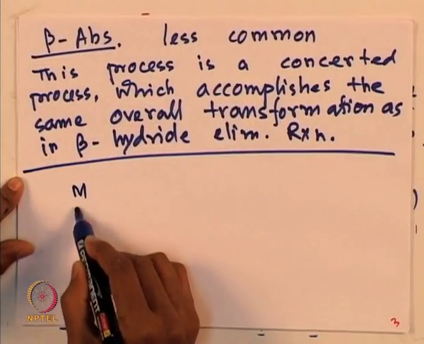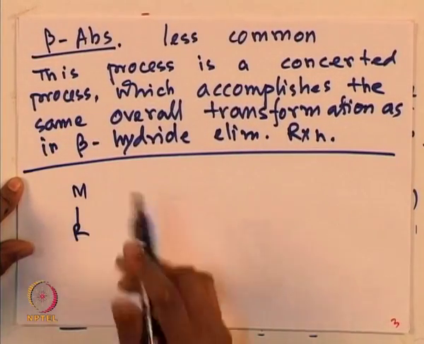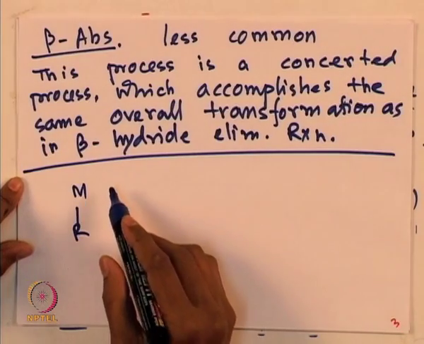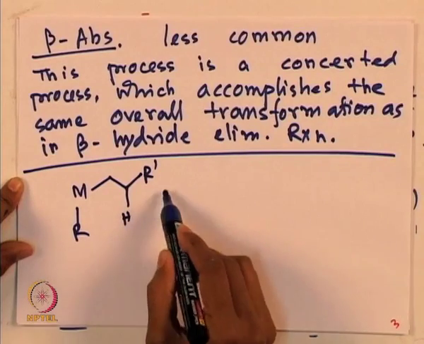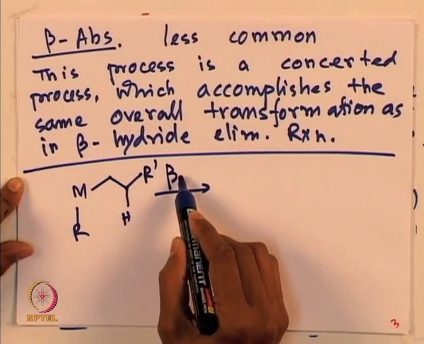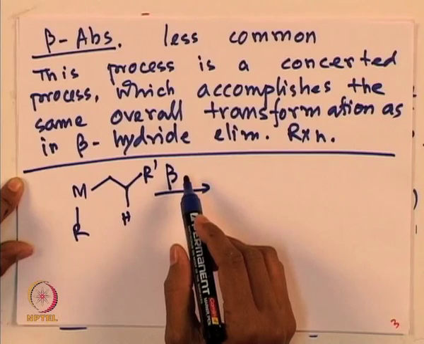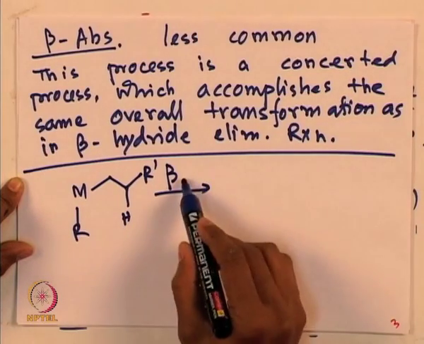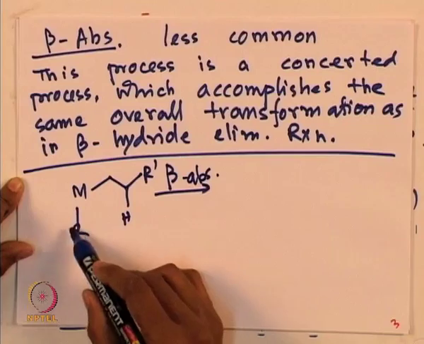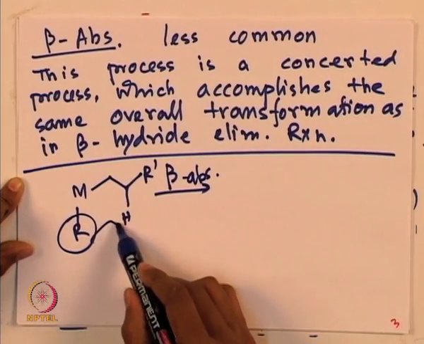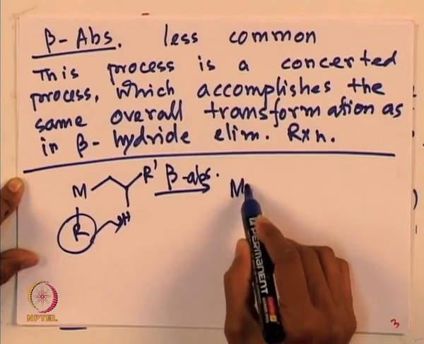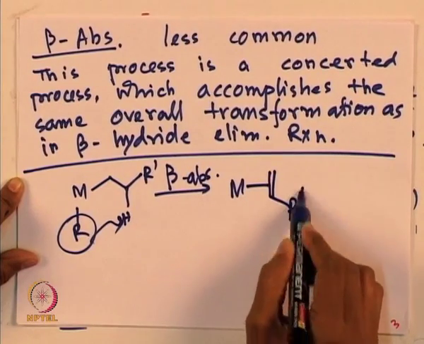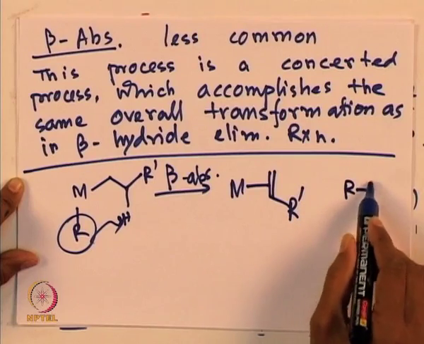Okay, let's first try to look at the beta abstraction reaction. What we are going to get in this case of beta abstraction simply is this is acting as a base, so it will directly abstract the beta hydrogen, and overall we are going to get, let's say, this intermediate and RH.